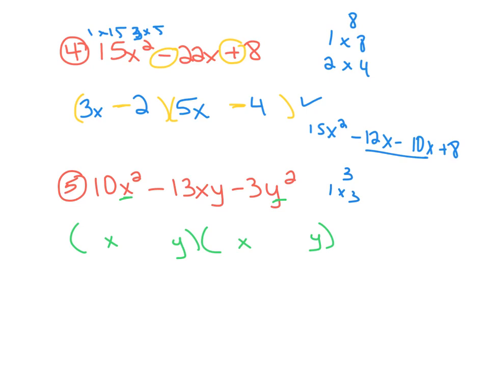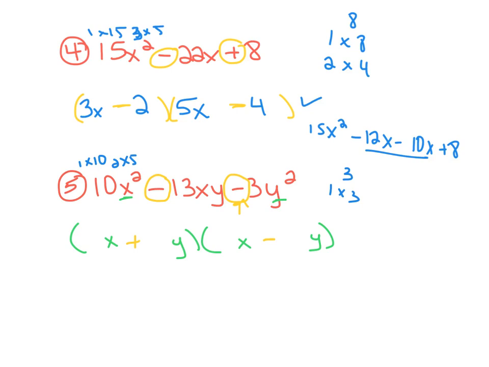Not too bad there. 10, my choices are 1 times 10, 2 times 5. Not too bad there. The part that I made a little more difficult this time is this minus here. In order to get a negative, when you multiply, one of them has to be a plus, one of them has to be a minus. So there's a little more guessing and testing.